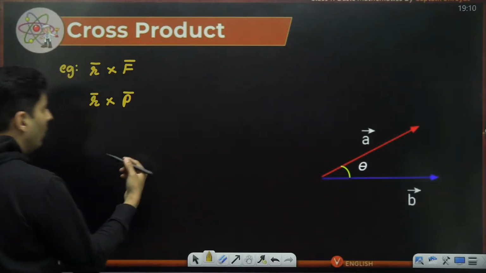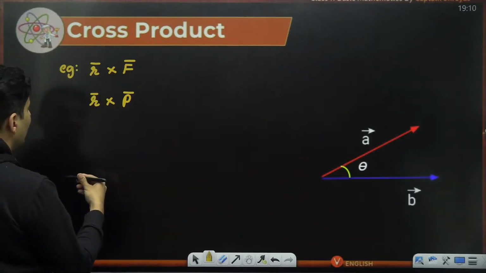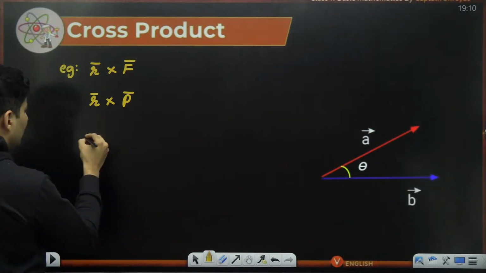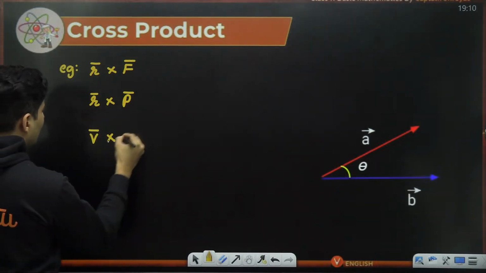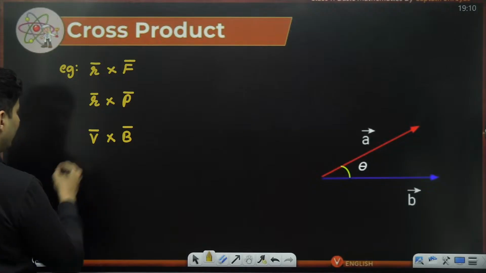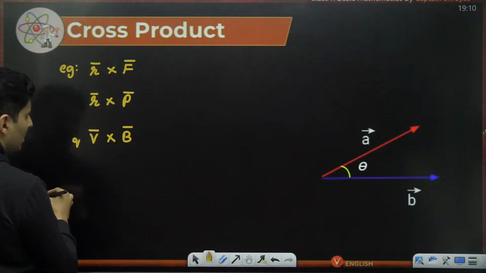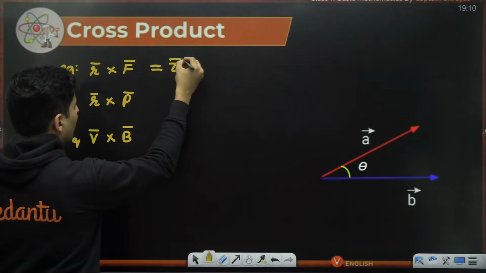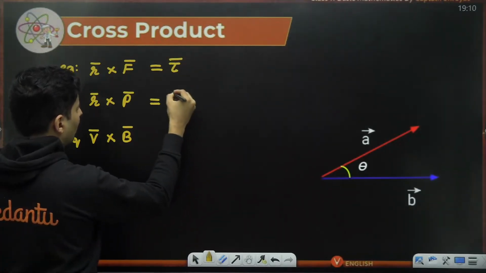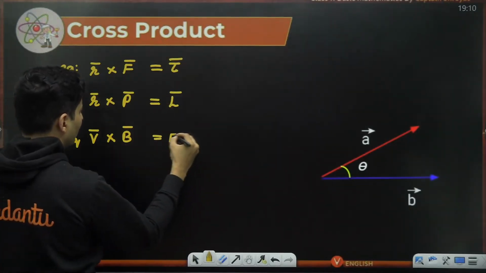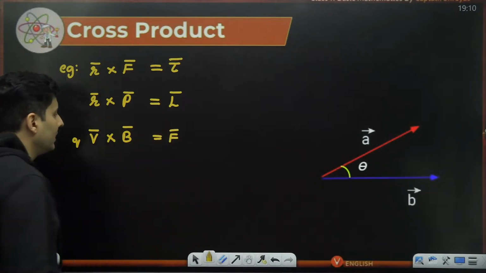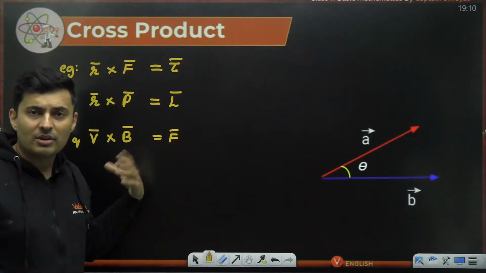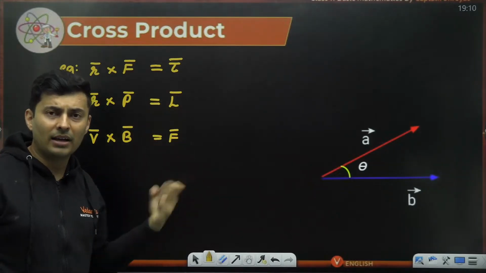Or let's say you take velocity and you multiply it with the magnetic field and the charge. You will see the outcome of this is a new vector, which is like torque. Here it is angular momentum. Here this is the force on a charge due to a magnetic field. Every time there are certain observations which were made and some peculiar pattern was followed.